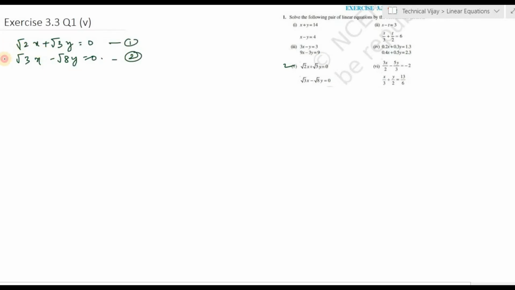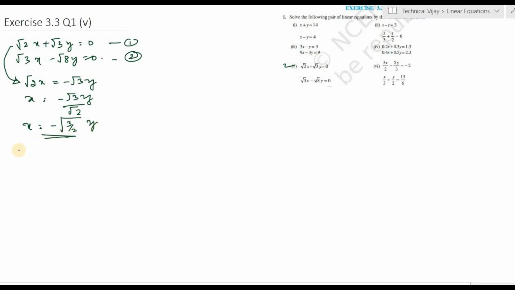We will calculate any one of the values here and substitute that value into the other equation. So for example, considering equation number 1, root 2x is equal to minus root 3y. This we have shifted to the RHS side. So x is equal to minus root 3y divided by root 2. So this can be written as minus root 3 by 2 into y.